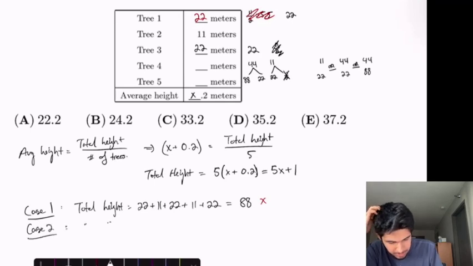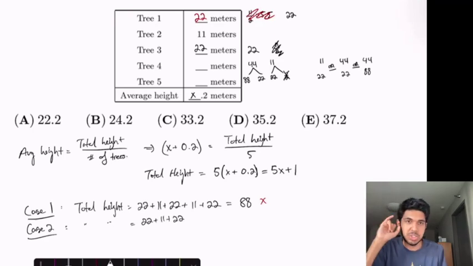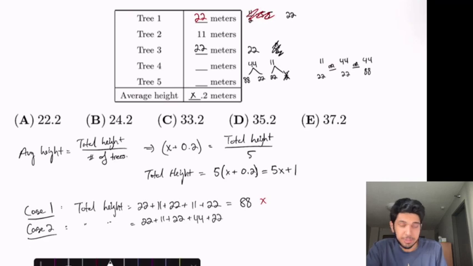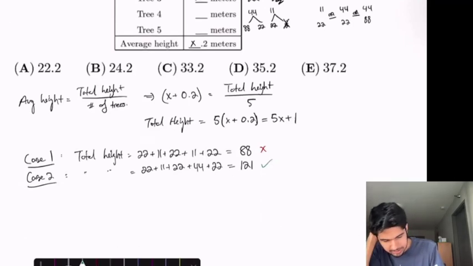Total height is going to be equal to 22 plus 11 plus 22. The first three trees we know for certain, those are the heights. We've already argued that. Tree 4, in this case, we're letting it be 44, and then we're letting tree 5 be 22. If we sum this together, we get 121. Hey, that is one more than a multiple of 5, so that's looking promising. Let's look at case 3 just to be safe.